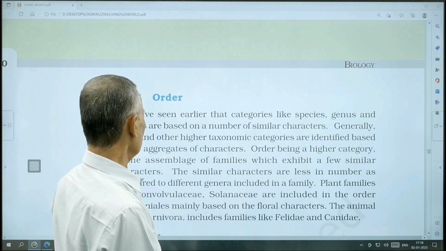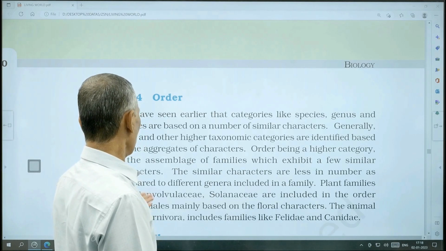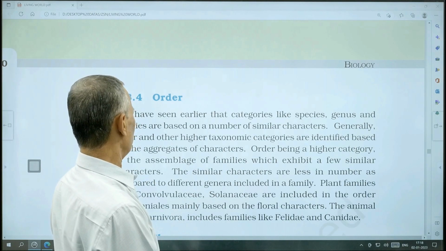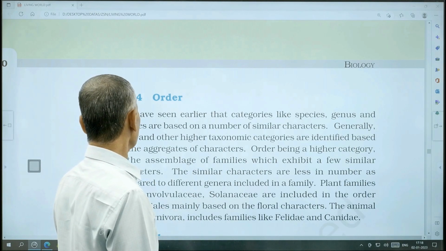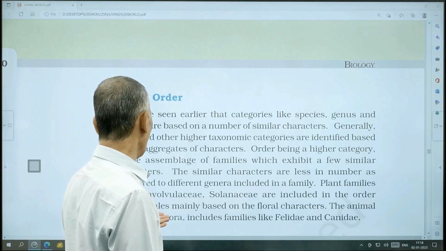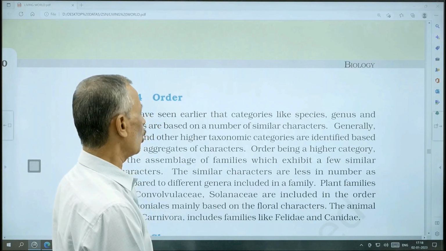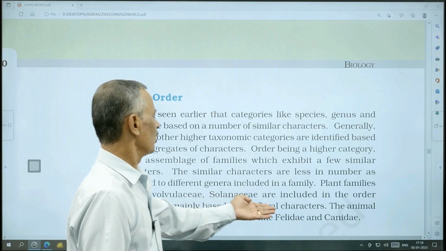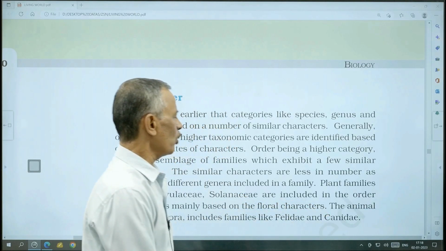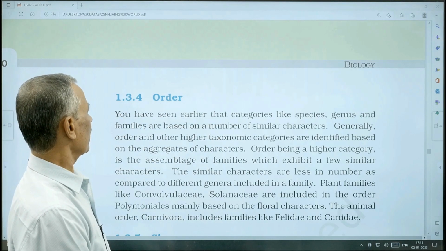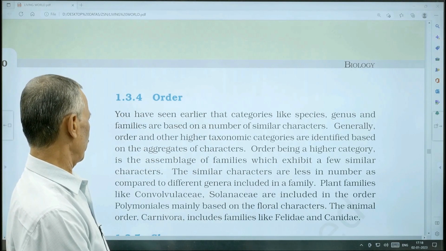For example, Convolvulaceae and Solanaceae are plant families. They are all put under the same order, Polemoniales. Why are they put together? Because they show similarity in their flower characteristics, floral characteristics. That is why they are put under a higher group, namely order.